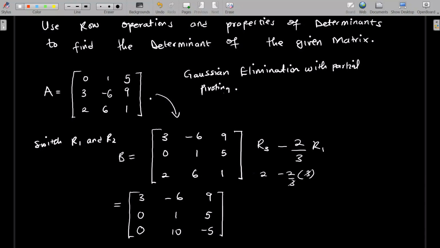So that is what you have. We have our new matrix being reduced. Remember, we switched rows, but the new matrix has reduced to this: 0, 1, 5, 0, 10, and negative 5, right?